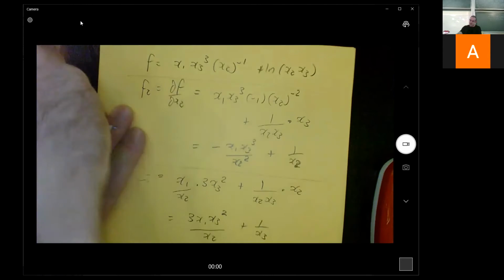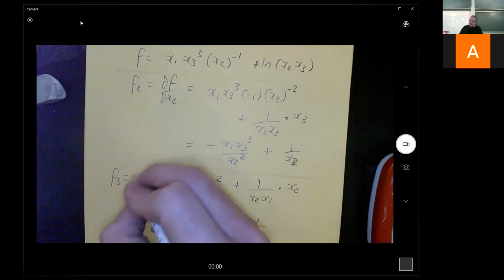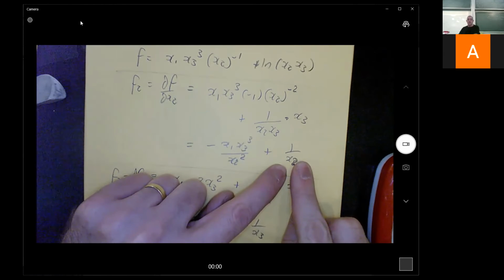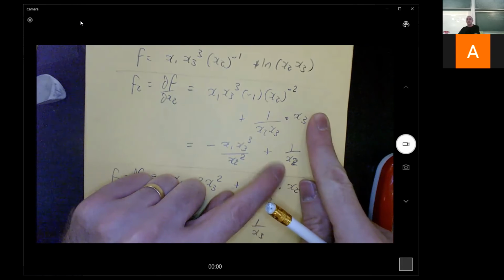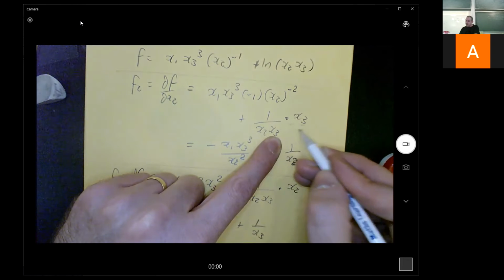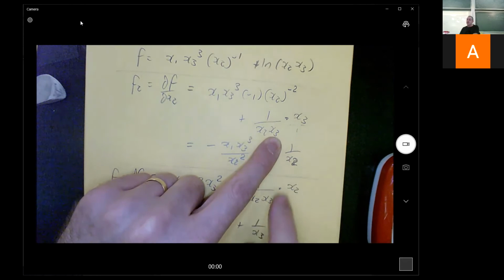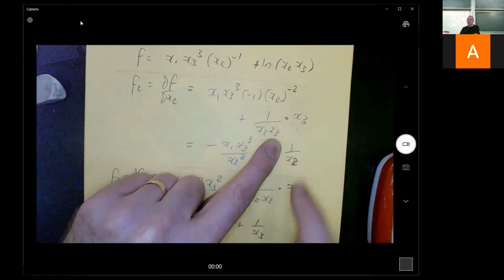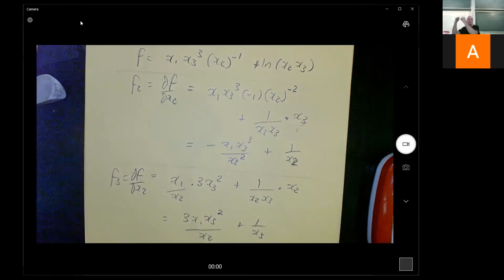And then for the 1 over x2, is the multiplying by the x3 cancelled out the x3 on the denominator? Correct. Yeah. So you could think of this as like over 1, and then x3 divided by x2 times x3, and then the x3s cancel. Yeah, okay, thank you. That's exactly what it is. These are important questions. You should always ask these sorts of questions.